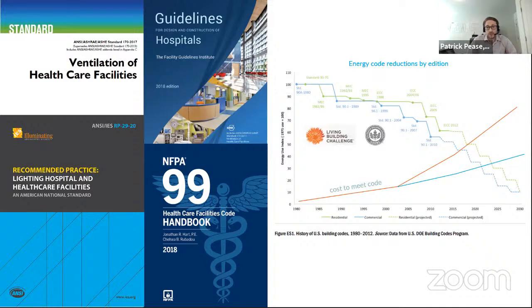So the actual atmosphere within them is very important. So there are almost competing standards of saving energy versus meeting the indoor requirements for the spaces, for the patients, for the doctors, et cetera. So there are these competing standards and codes as we try to reduce energy use and carbon.